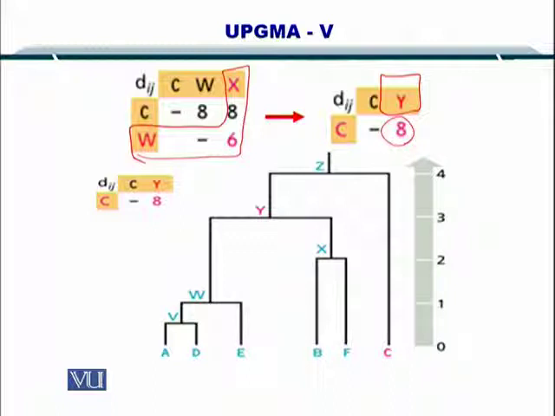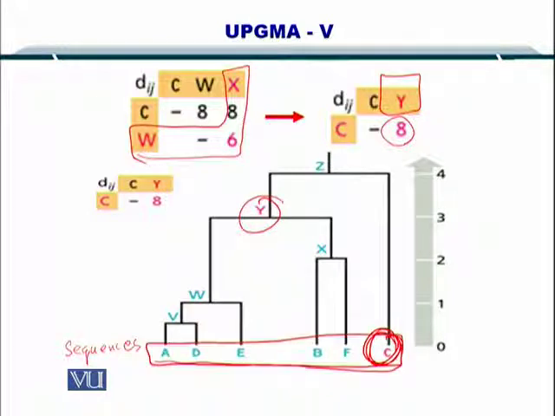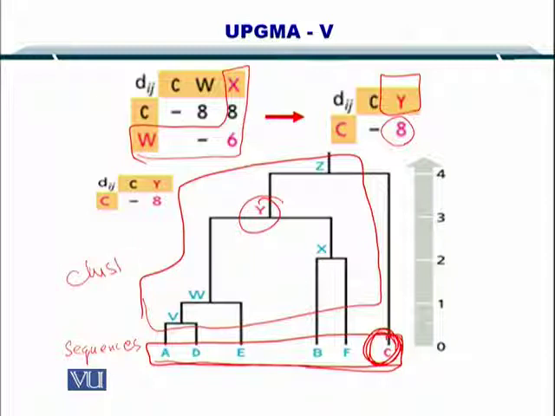If you look at it carefully, C is a sequence here and Y is the cluster here. So please note that all the sequences will be here at the leaves of the tree, and all the clusters will be hidden inside the tree.